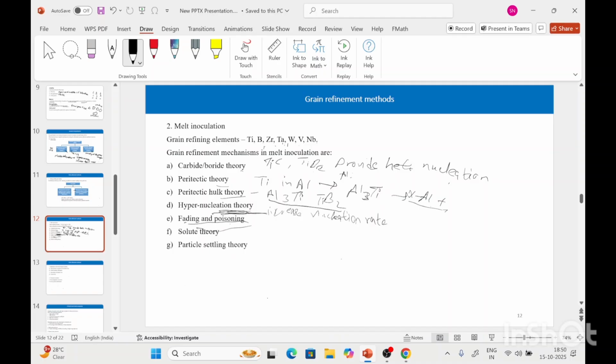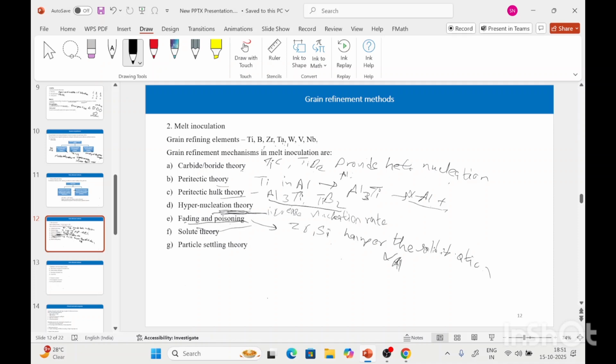Then fading and poisoning. Fading and poisoning means if zirconium and silicon are present in the material, the zirconium and silicon hamper the solidification behavior. These zirconium silicon particles go to the Al3Ti sites and block the complete ordering of the alpha aluminium.